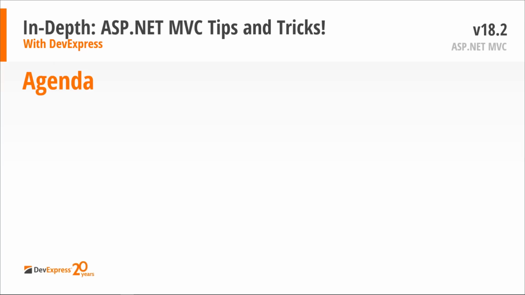So I've put together a small agenda, and if we are not running out of time, there will be some time to answer some other questions as well. One of the first things that I'm going to show you and talk about is how to incorporate DevExpress into an existing project.